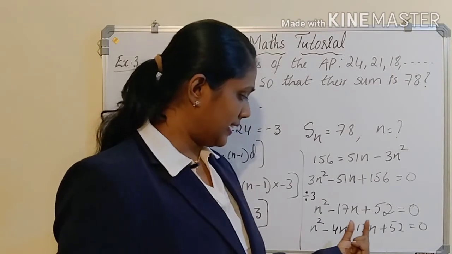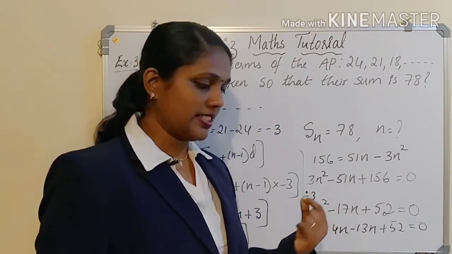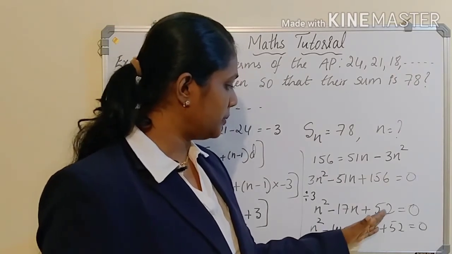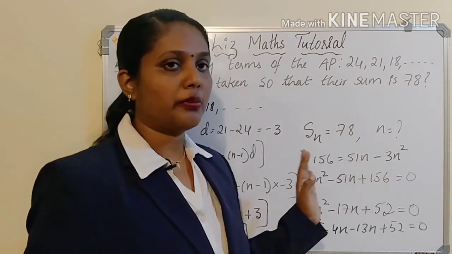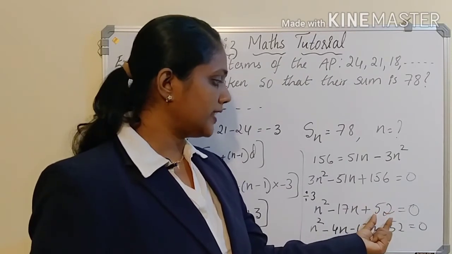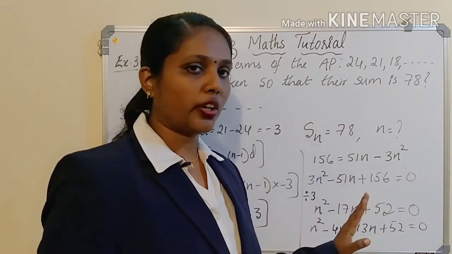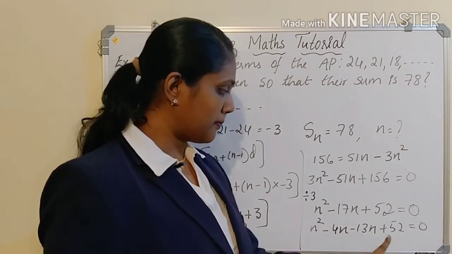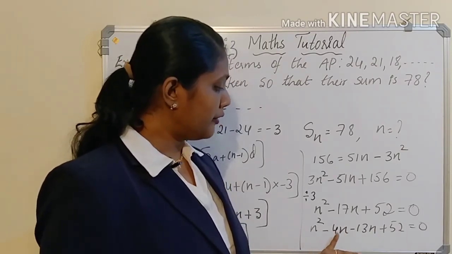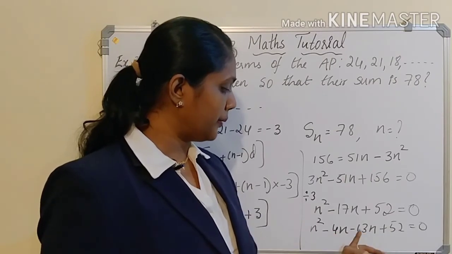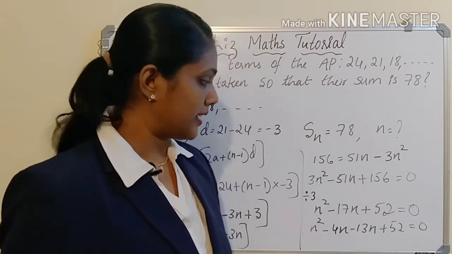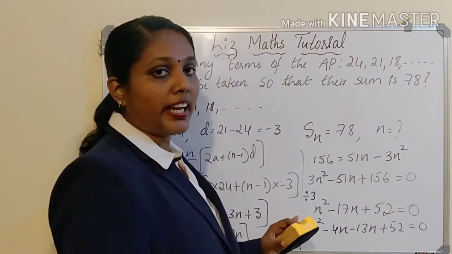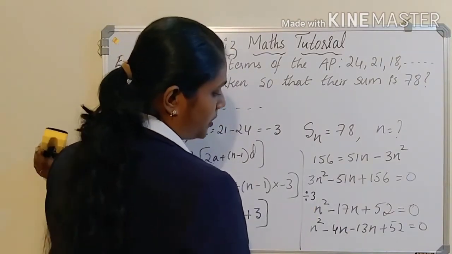So 4n and 13n you are adding, that is nothing but 17n. And similarly, when you are multiplying, minus into minus you will get plus, and 13 4s are 52, n into n is n square. So that much you are getting. I hope you understood. You have done these step problems in the previous classes. So move on to the next step.